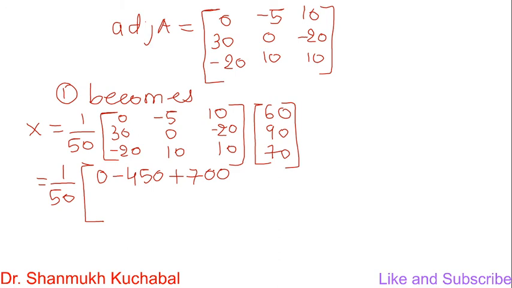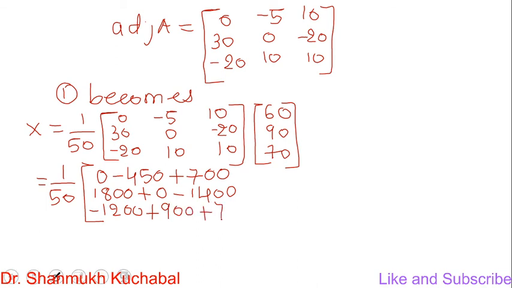Now the second row is multiplied by the column: 30 into 60 is 1800, next 0 into 90 is 0, then minus 20 into 70 is minus 1400. Next the third row is multiplied by the column: minus 20 into 60 is minus 1200, 10 into 90 is 900, 10 into 70 is 700.